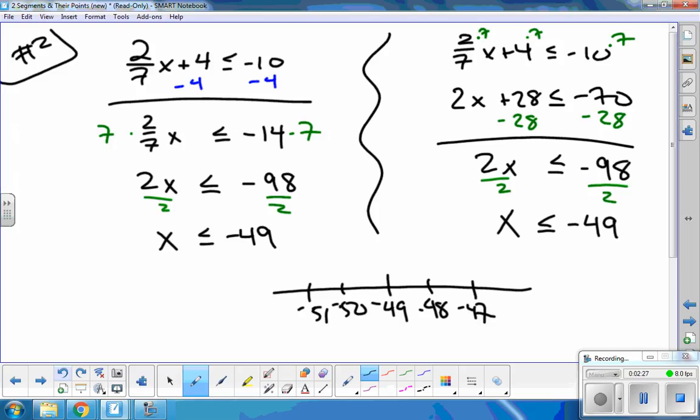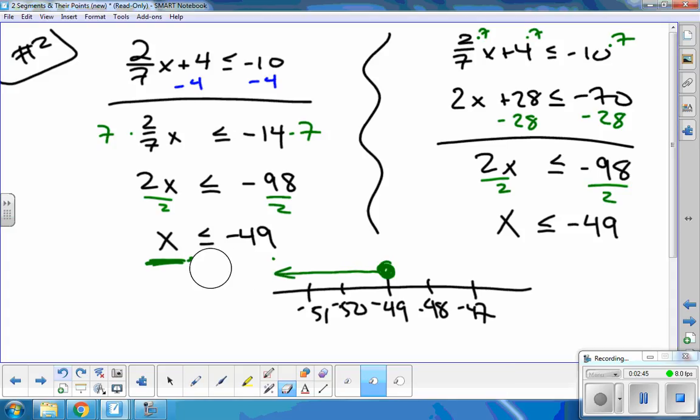So according to this, because this is a less than or equal to sign, I would use a solid circle. And this says my solutions are less than or equal to negative 49. So I would go this direction.